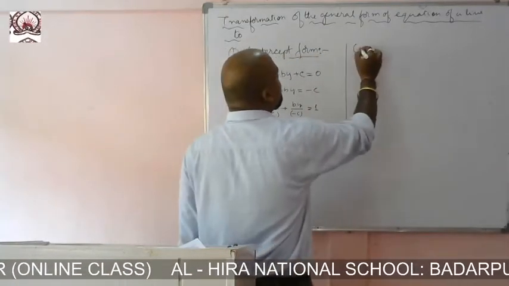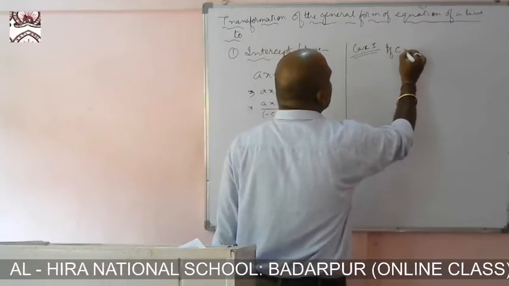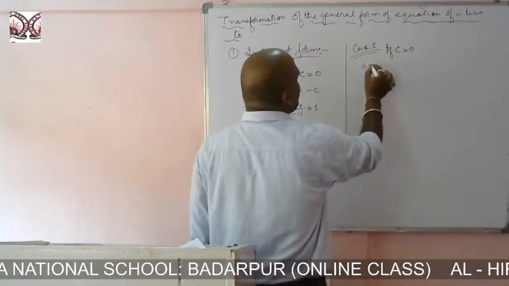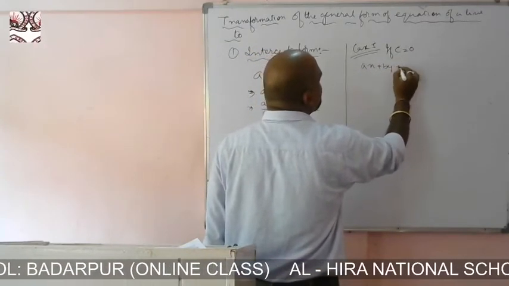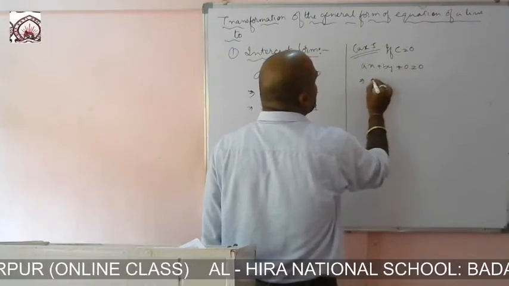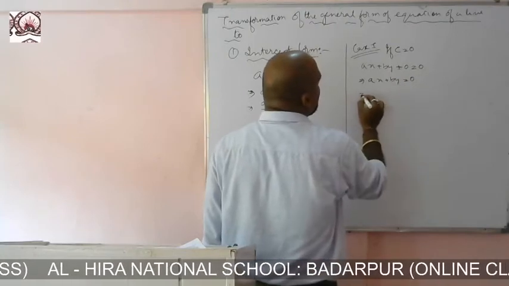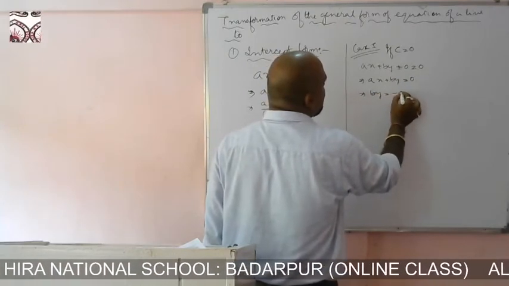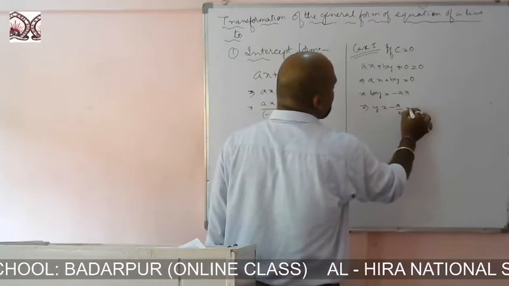Case 1: if c equal to 0, then ax plus by plus 0 equal to 0, so ax plus by equal to 0. So by equal to minus ax, then y equal to minus a by b into x.